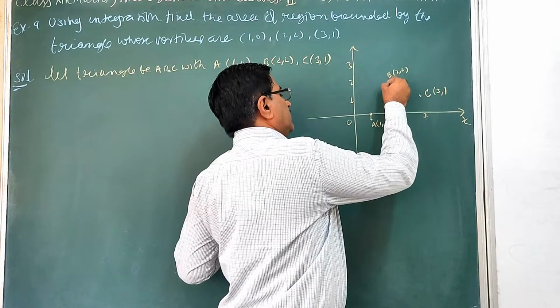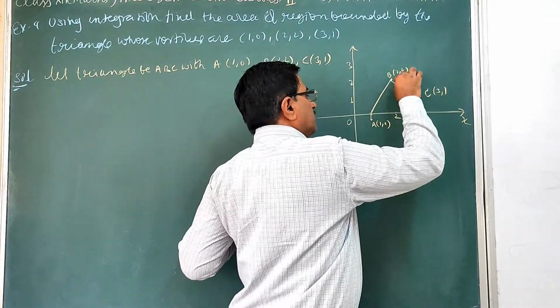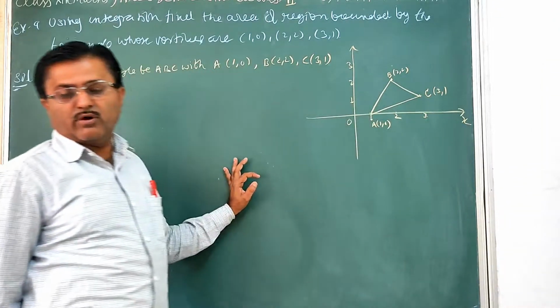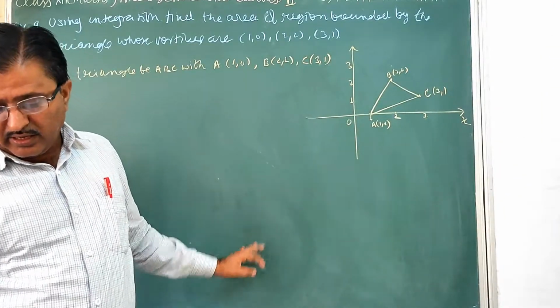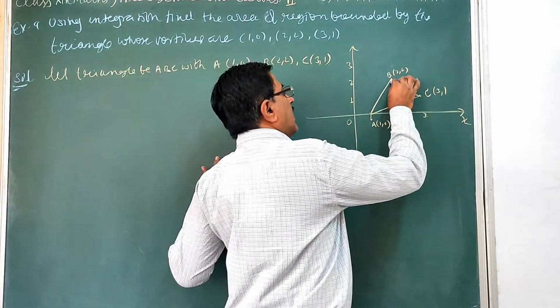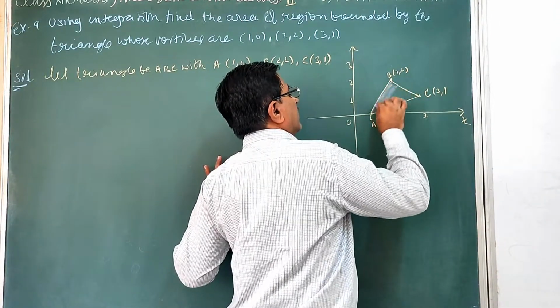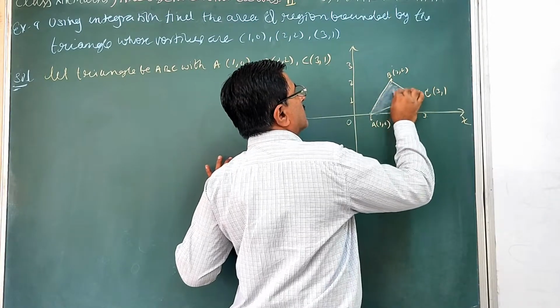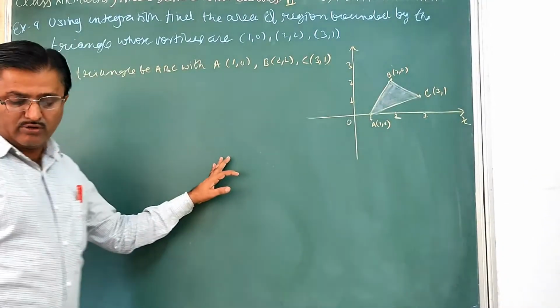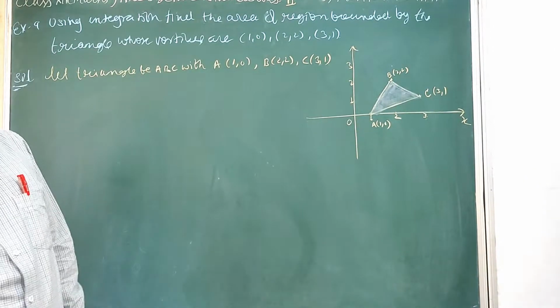So join A with B, B with C, and C with A. This is the required triangle. And this is what says you have to find the area. So area of the standard region. So we want to find this area.